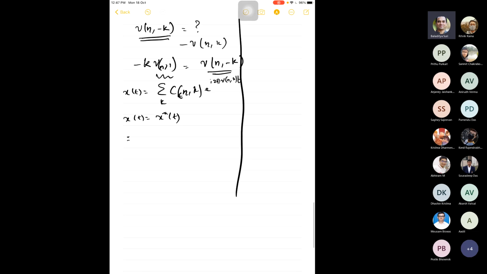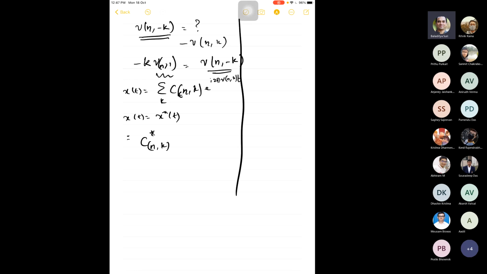So what does that mean? It means you can write this as c nk star should be equal to c nk, right? But c nk star is nothing but, can somebody tell me what this is? C n minus k, right?